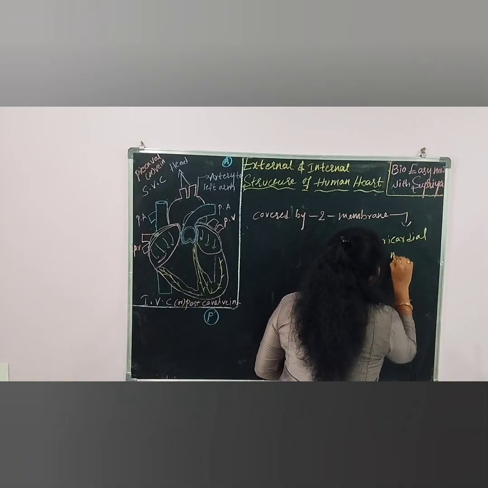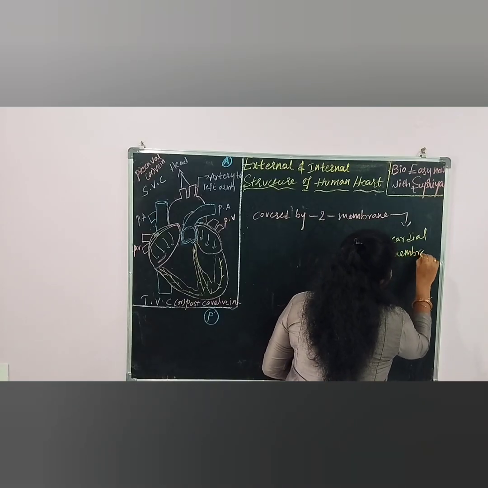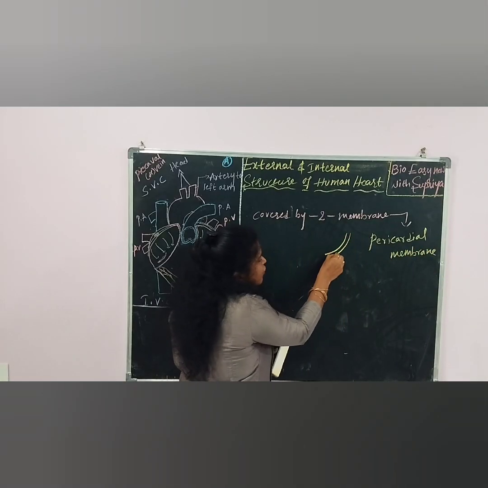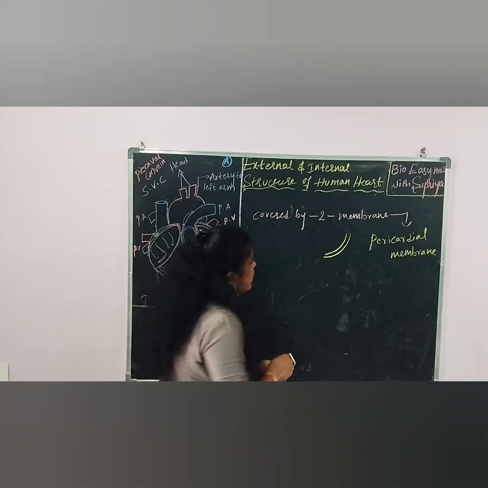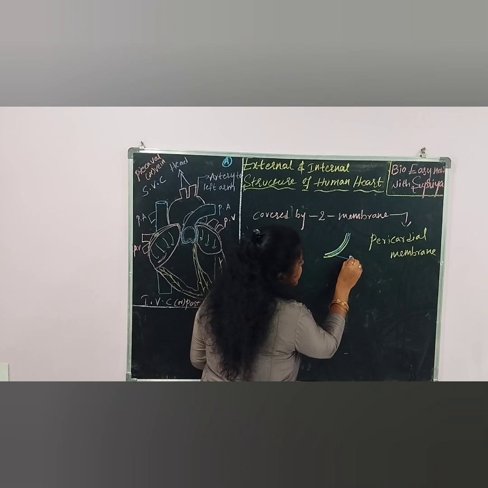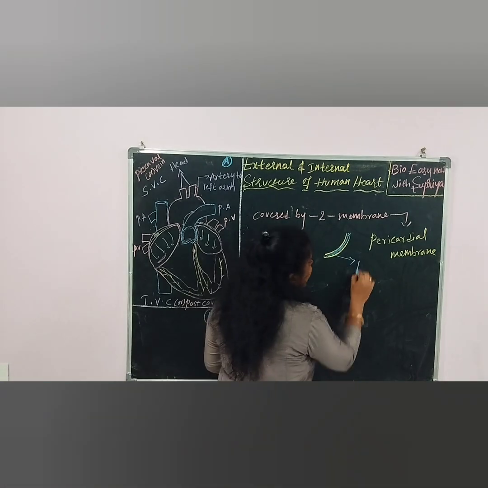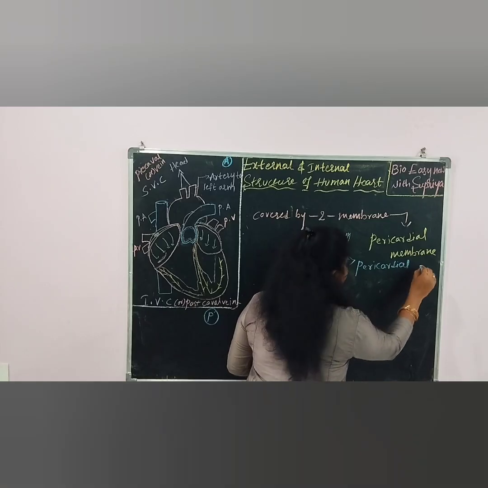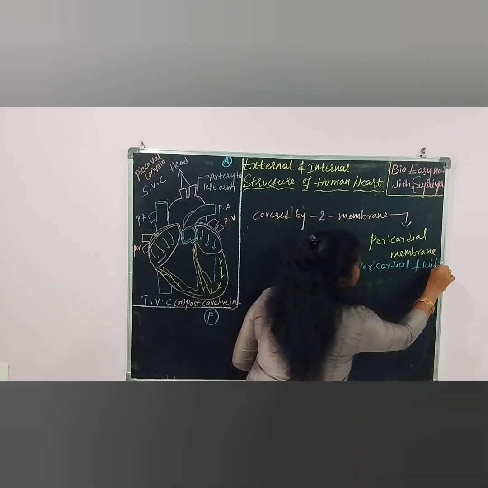Between these two layers, fluid is filled. This fluid is called the pericardial fluid.